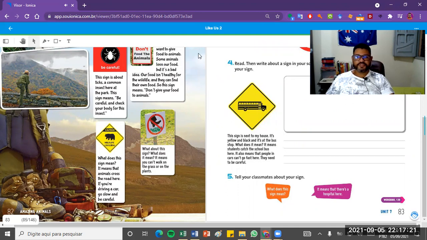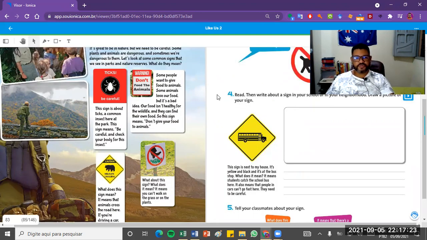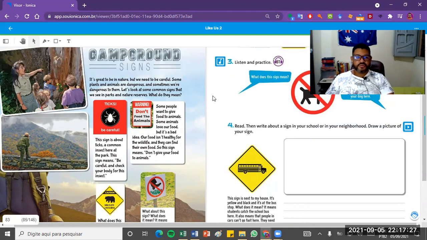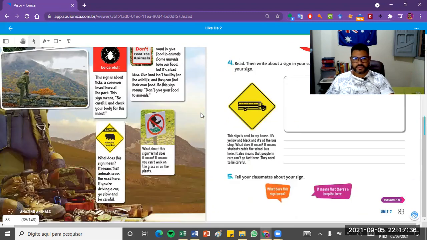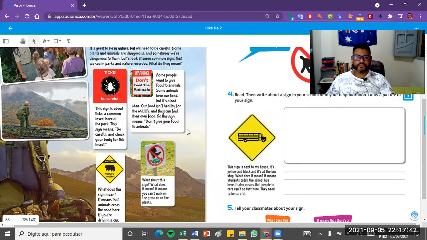Okay, perfect. We just listened to an audio that explains a little bit about signs in a campground. So the first sign is about ticks, so we need to take care about insects. The second sign explains wildlife crossing roads, for example.